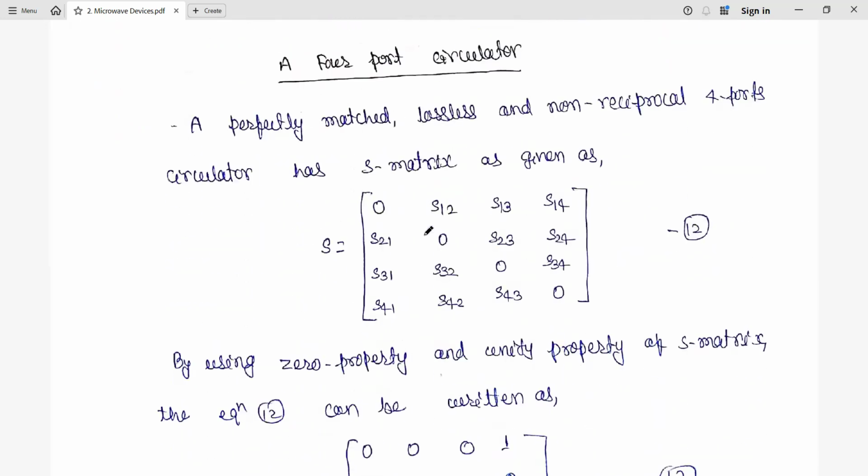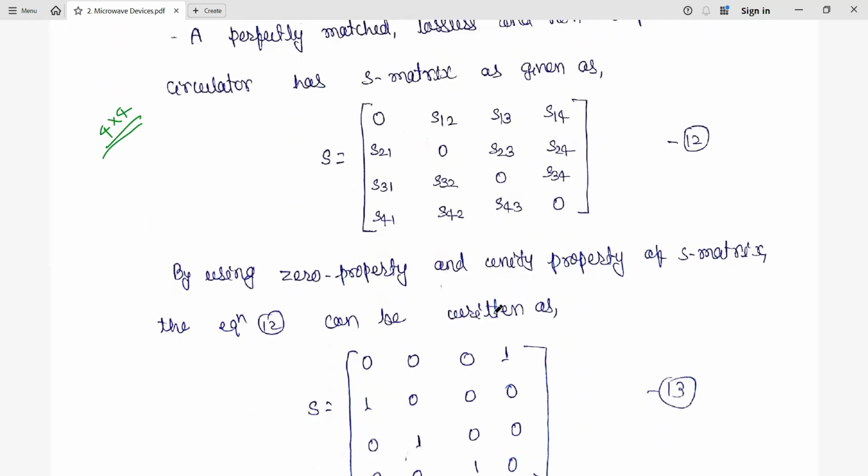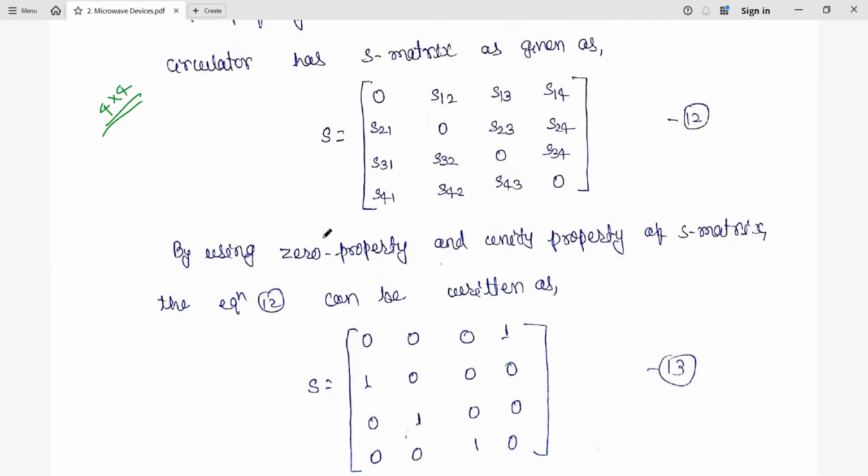In case of 4-port circulators, all these 4 ports are matched properly and it is lossless and non-reciprocal. So all diagonal elements are going to become 0. It is 4 ports, so the size is 4 cross 4, that is 16 elements. Again, we will use the zero property of this.